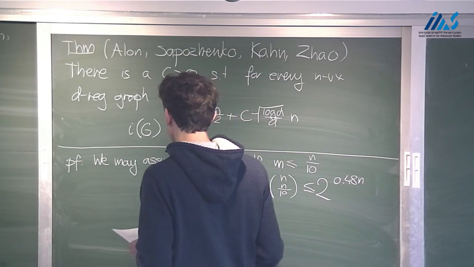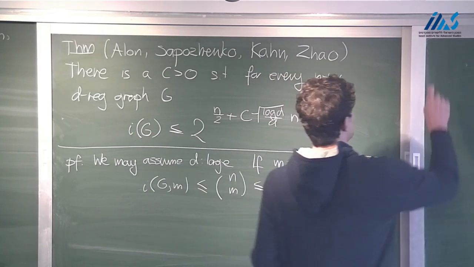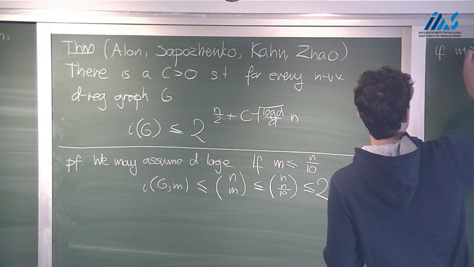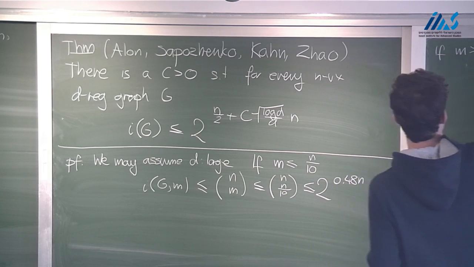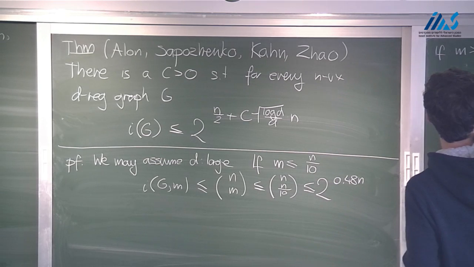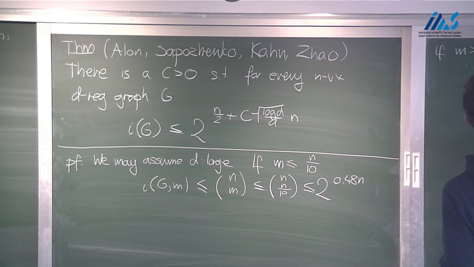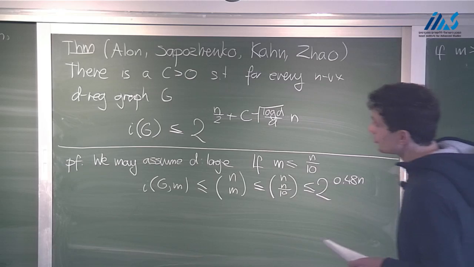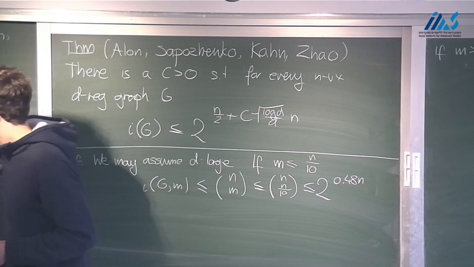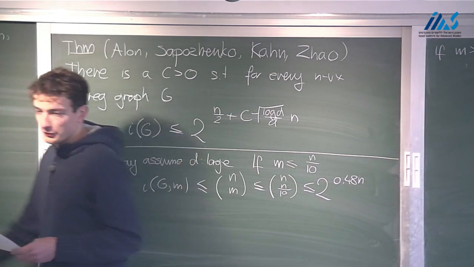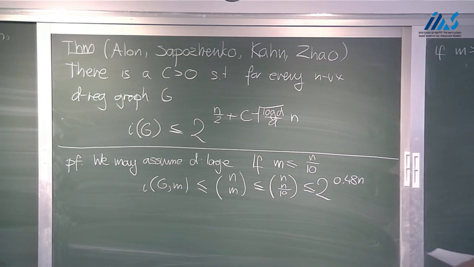Now, in the complementary case, so if m is larger than n over 10, then we use the Kleitman-Winston lemma. And in order to do it, we need to check that a condition of this type is satisfied. So why is it true in regular graphs?